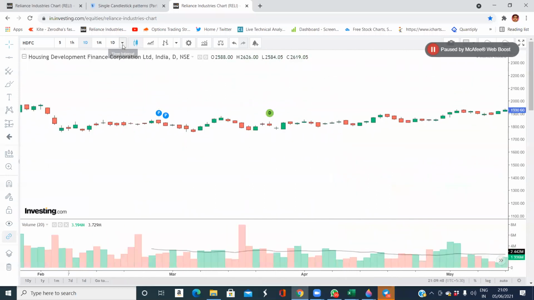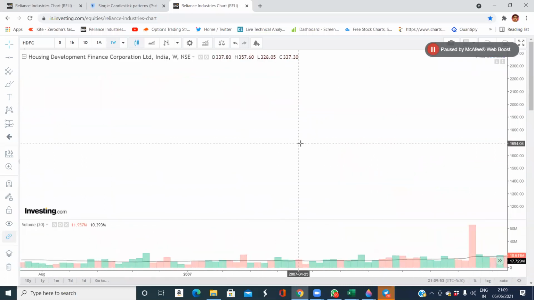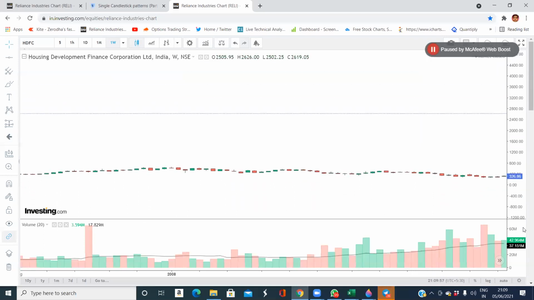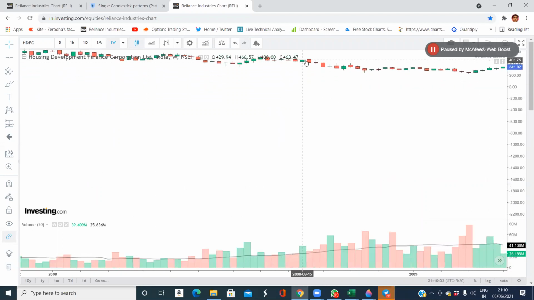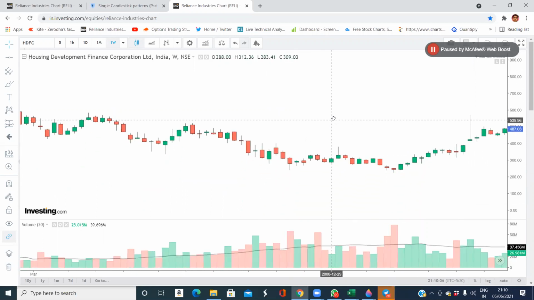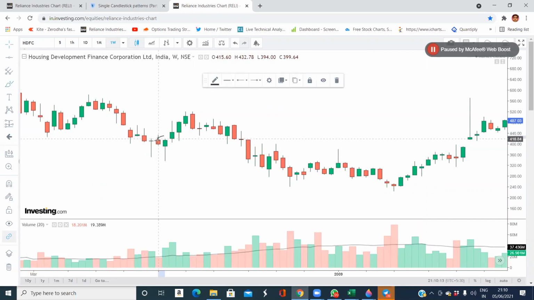Maybe on a weekly time frame I will get some. Okay, so this is one of the hammers. The hammer is bullish. After that, price normally went up.